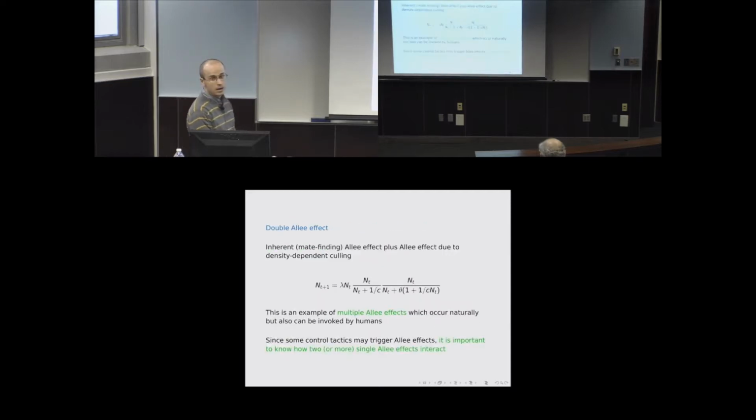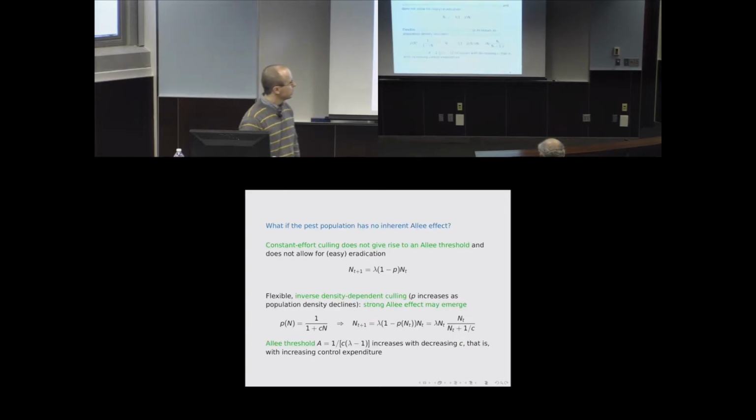But is it reasonable? No problem. It's harder, I guess, to cull when there are fewer. You're saying it's clear faster, and if it's a smaller population, maybe they're dispersed and it's much harder.